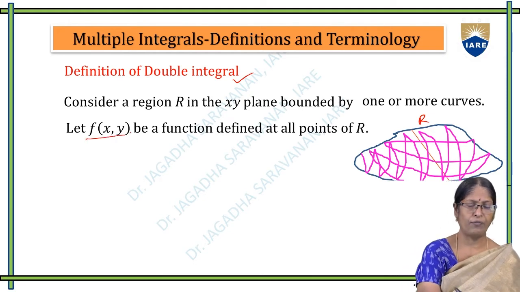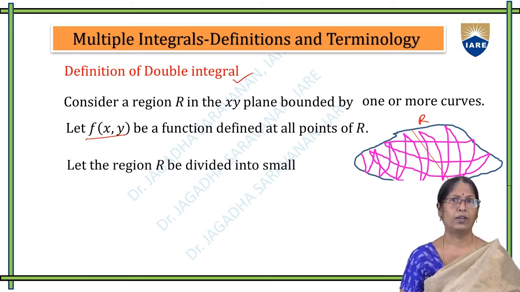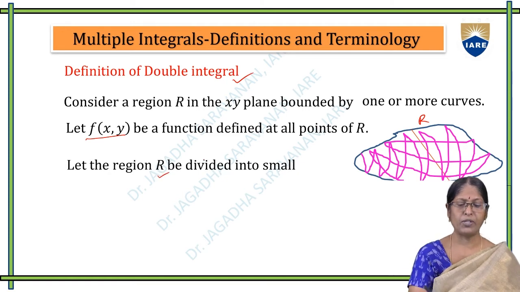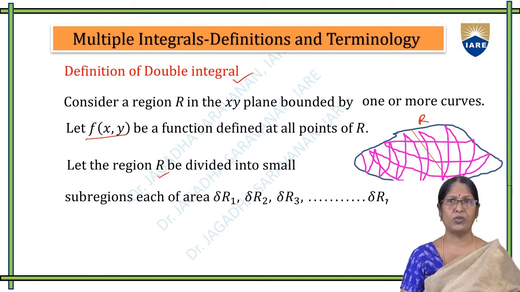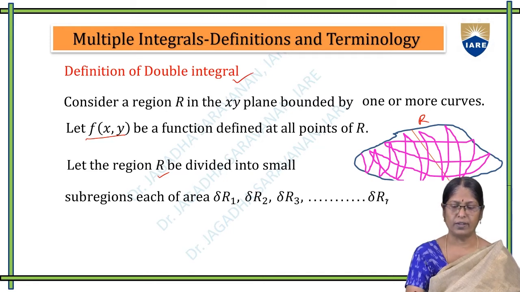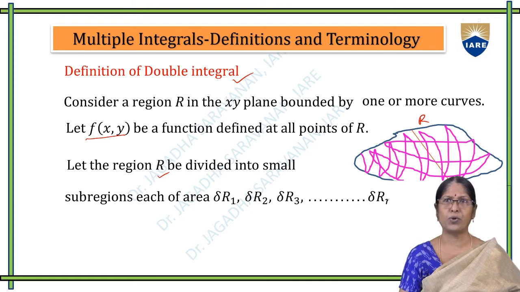Now f is a function defined in the variables x and y at all points of R. Let the region capital R be divided into small subregions R1, R2, R3 up to Rn.